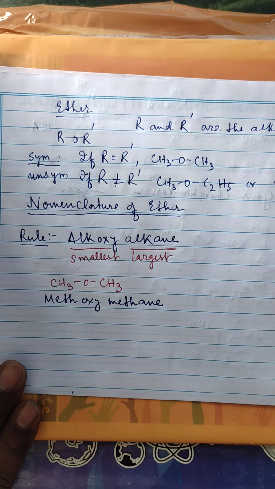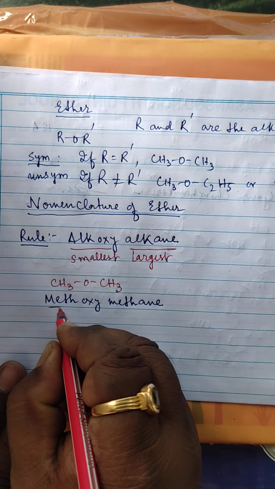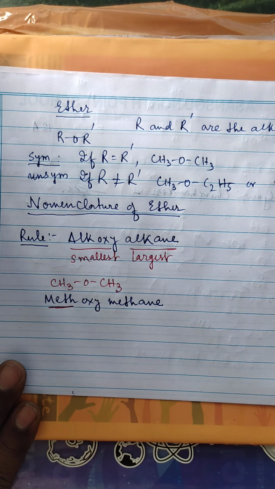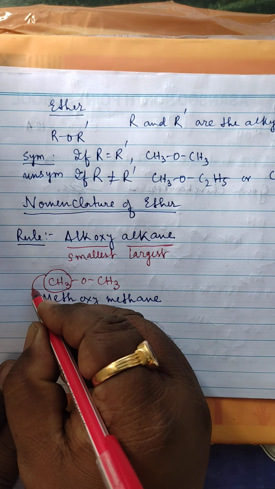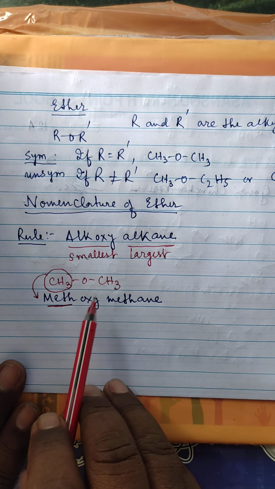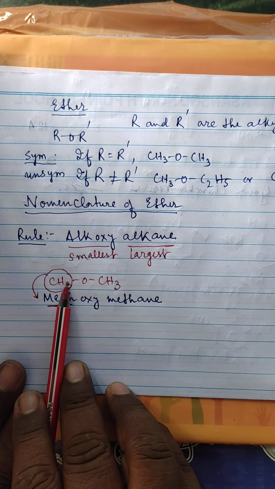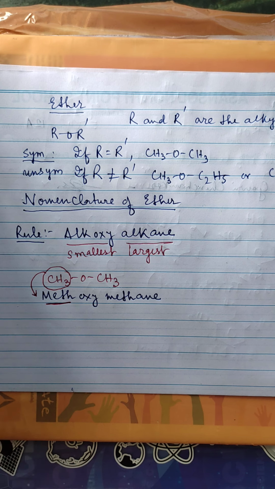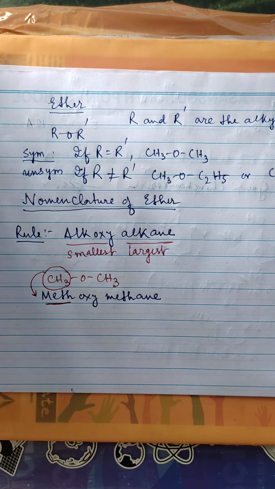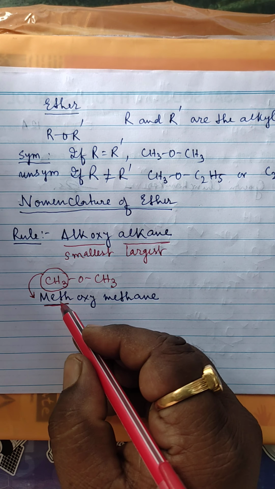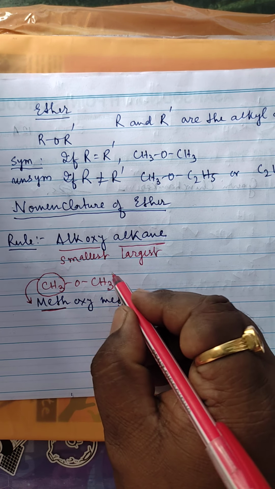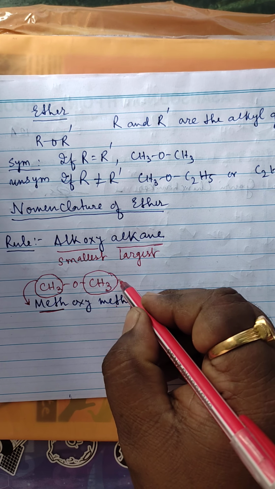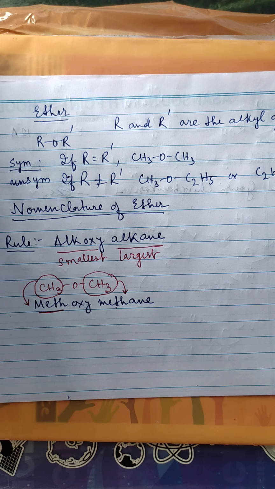Because here this portion is one carbon, so it is called methoxy. It is a symmetrical ether because on both sides the number of carbon atoms is the same. Here also one carbon, and that becomes the methane portion.